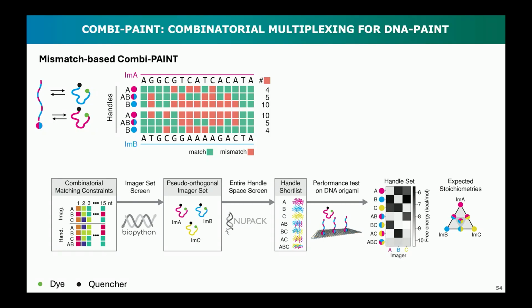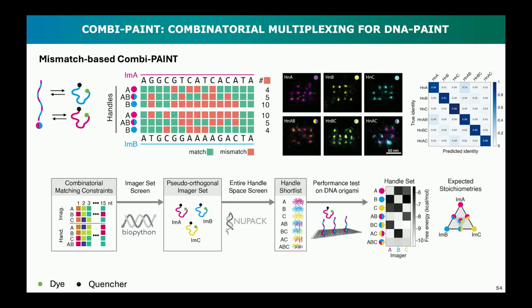Well, it turns out that you can do this, and you can do this analytically in a model, and then you can randomize it and do large-scale searches by computing binding free energies. And it turns out that you can create sets of imagers and handles that follow this scheme.